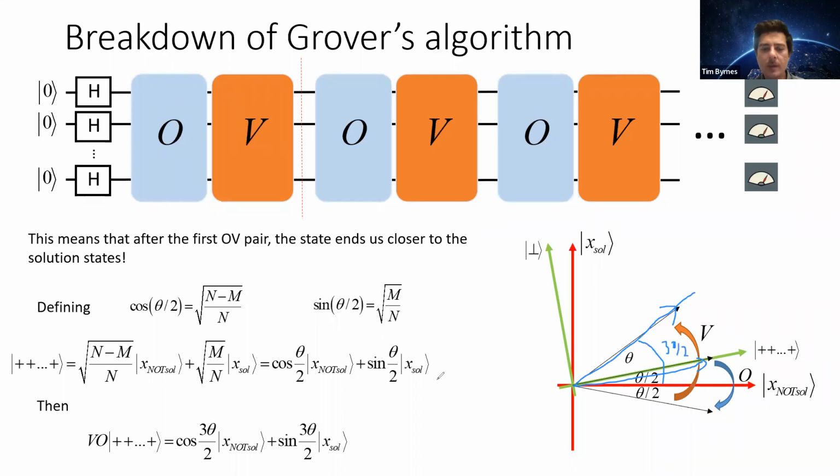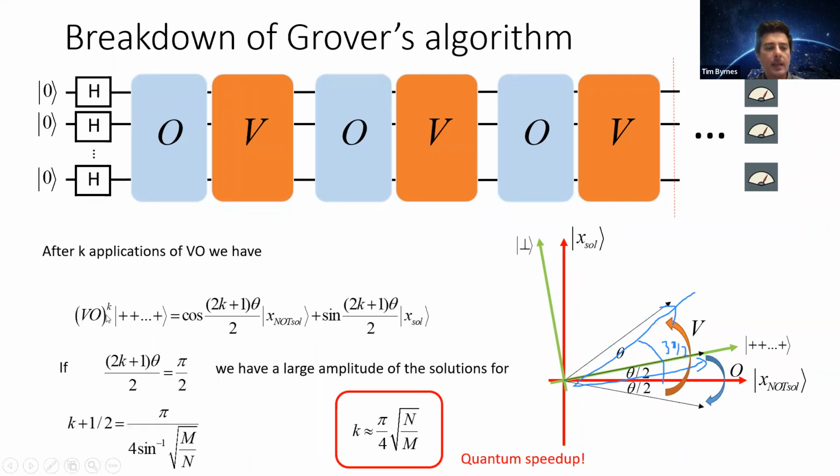So this is now going to be cosine 3 theta over 2, and this is sine 3 theta over 2. And as I argued, the next one is going to be 5 theta over 2. So in general, after k applications of this OV, you always will have the state like this: cosine of (2k plus 1) over 2 theta, with theta defined on the previous page.